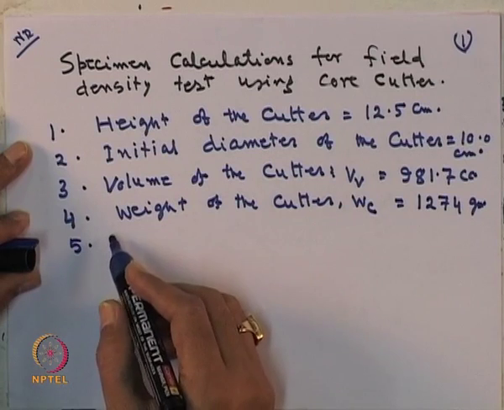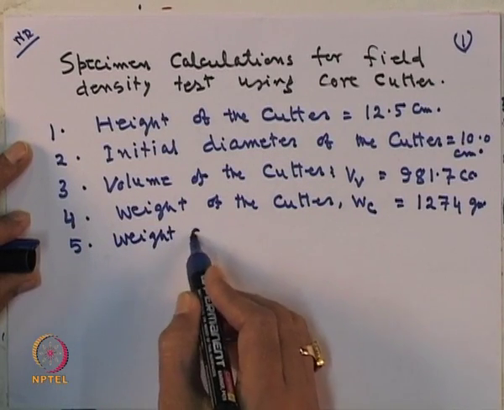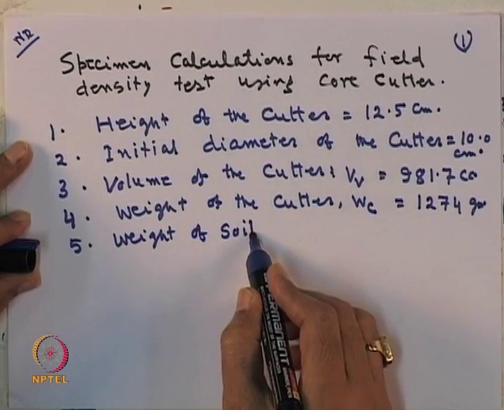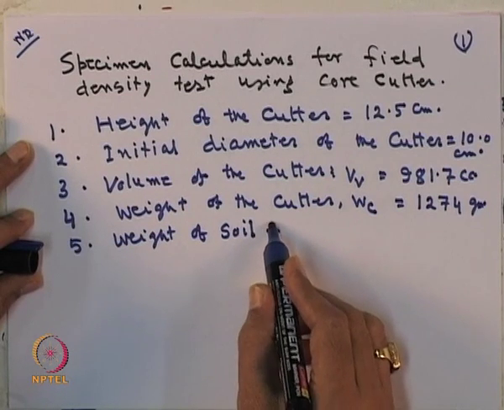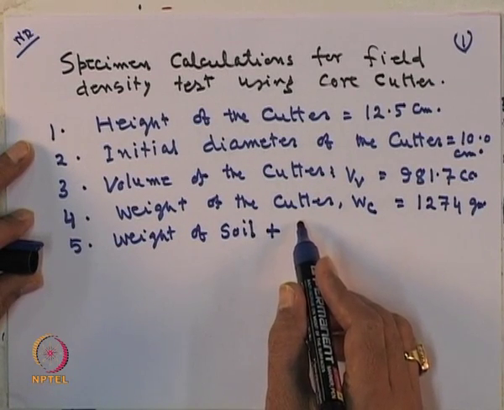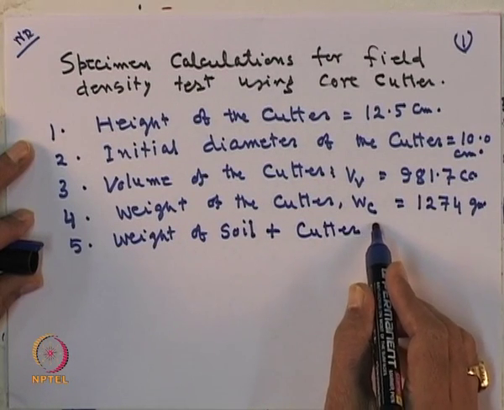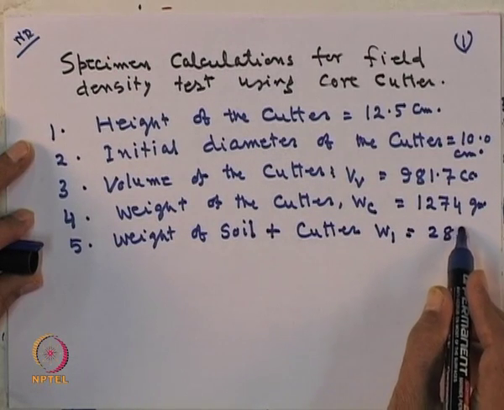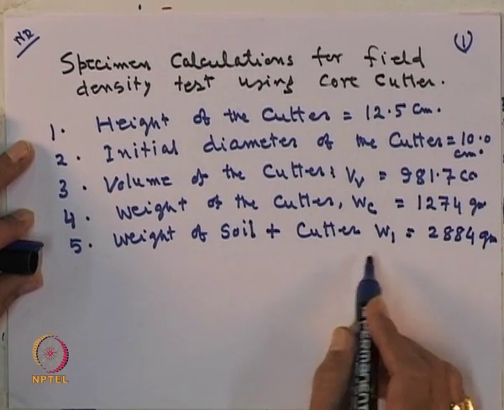Now, you take the weight of the soil plus the cutter. Just say W1 is equal to 2884 gram.